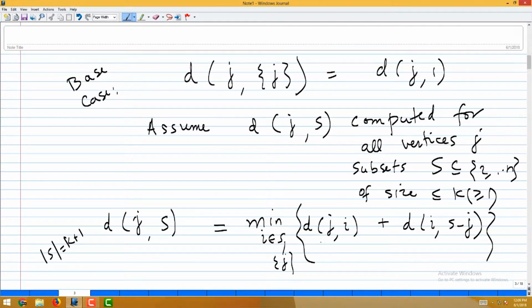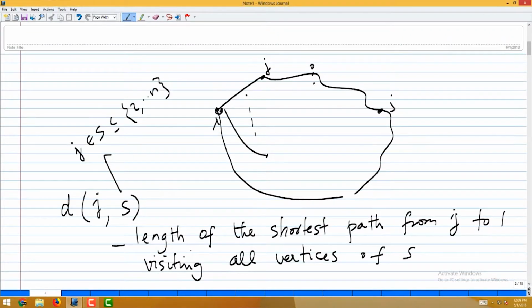The semantics says the length of the shortest path from j to 1 visiting all vertices of S. So, I will go from j to i, then start from i, visit all vertices of S minus j, go back to 1, and try all possible neighbors.